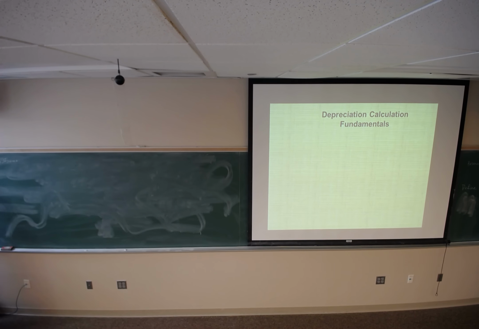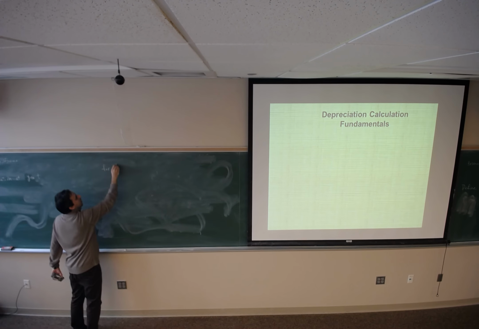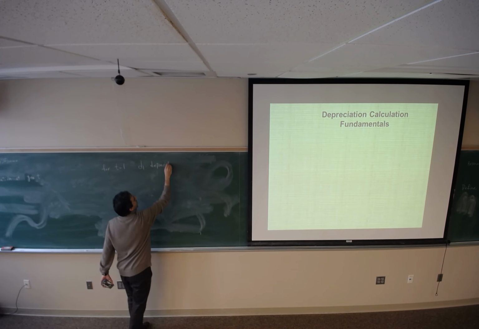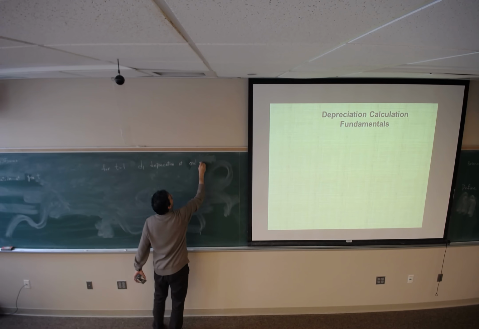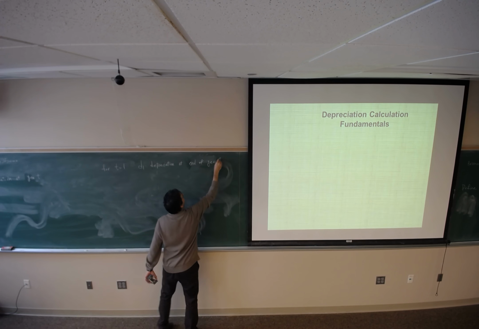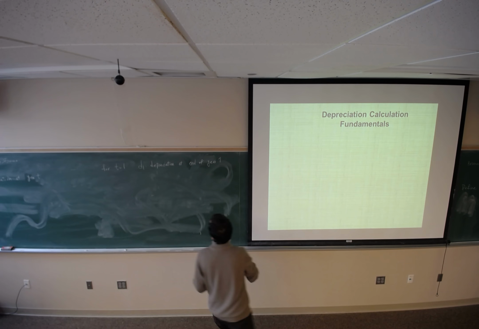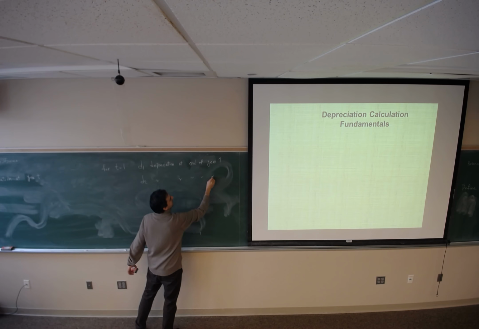Next, D_t, depreciation at year t. So for t equals 1, D1 means depreciation at the end of year 1. D2 is depreciation of that equipment at the end of year 2.